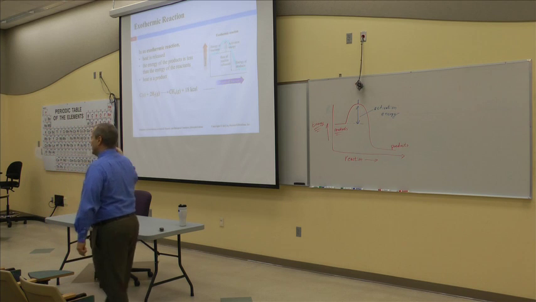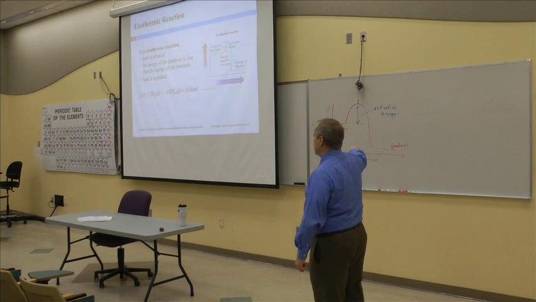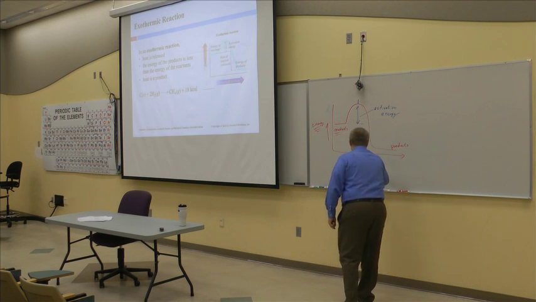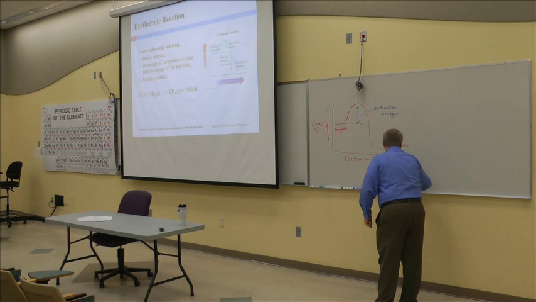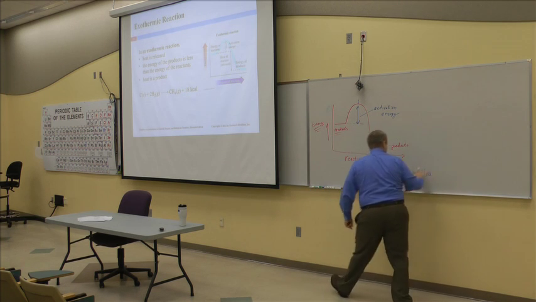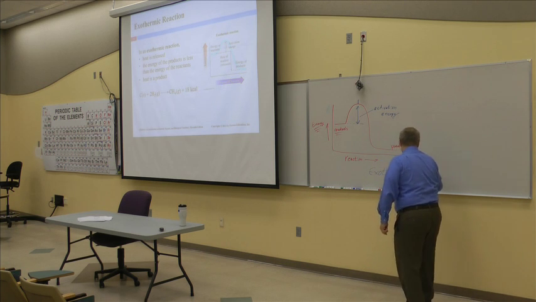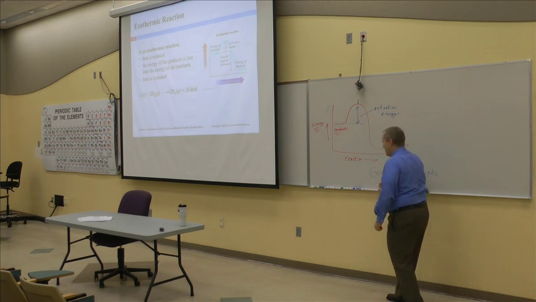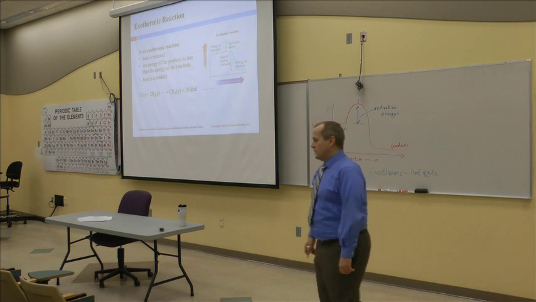So in this reaction, the reactants have more energy than the products, so this reaction is exothermic. Which means heat leaves. I don't want to say heat leaves, say heat exits. That's better. There, help you remember. Heat exits the reaction.